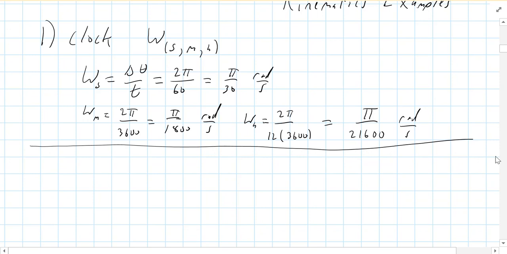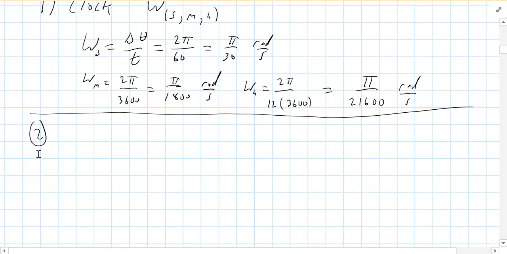All right, our second example, now we get a little more mathy on you. Let's say I give you the following problem. Something is spinning and its starting angular velocity, omega naught, is 10 revolutions per second, and it has an angular acceleration of 3 radians per second squared.